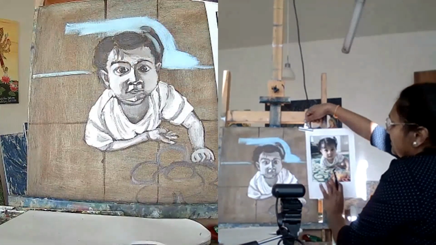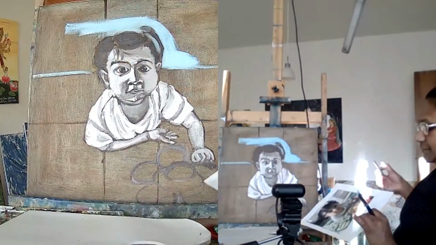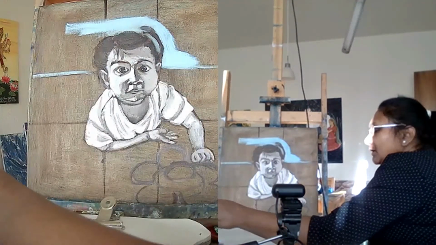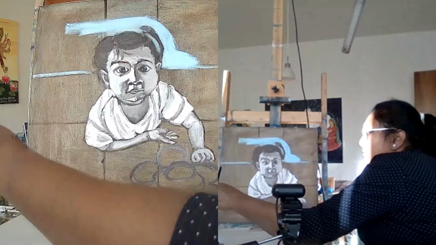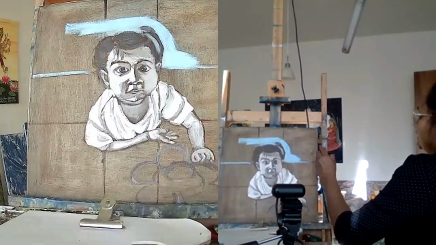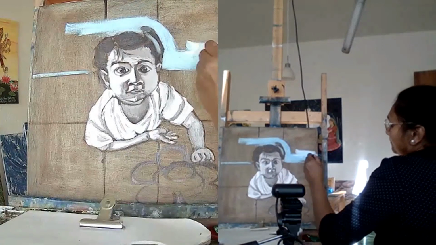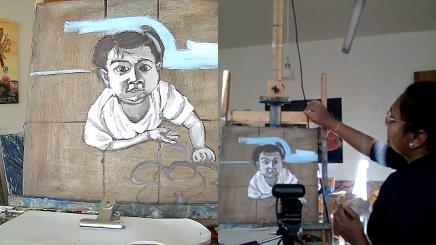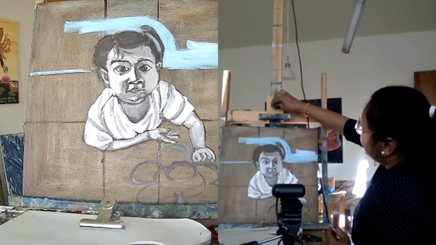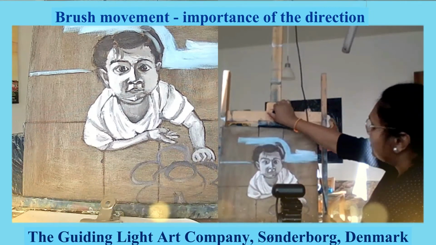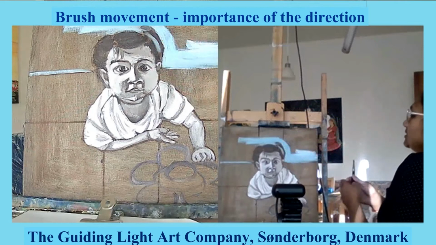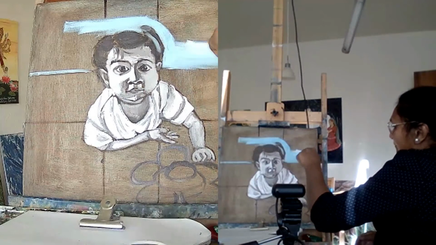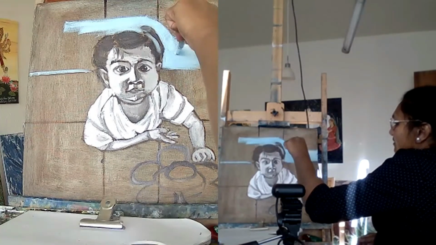So I'm going to remove the picture for now from the frame, to be able to work on the sky. Again, even though we are working only on the second layer, the way we move the brush is going to be very important. So I am moving the brush horizontally as much as I can. And I will keep the same pace.